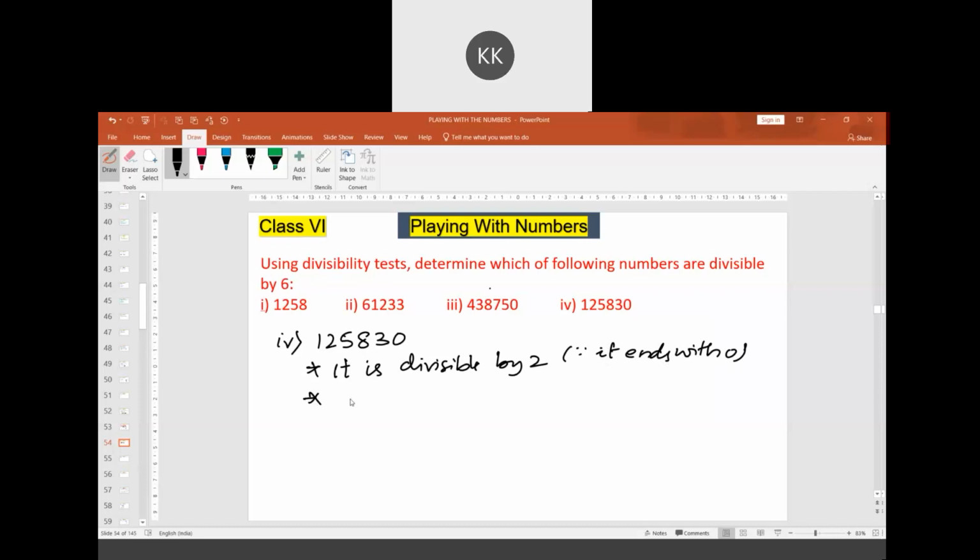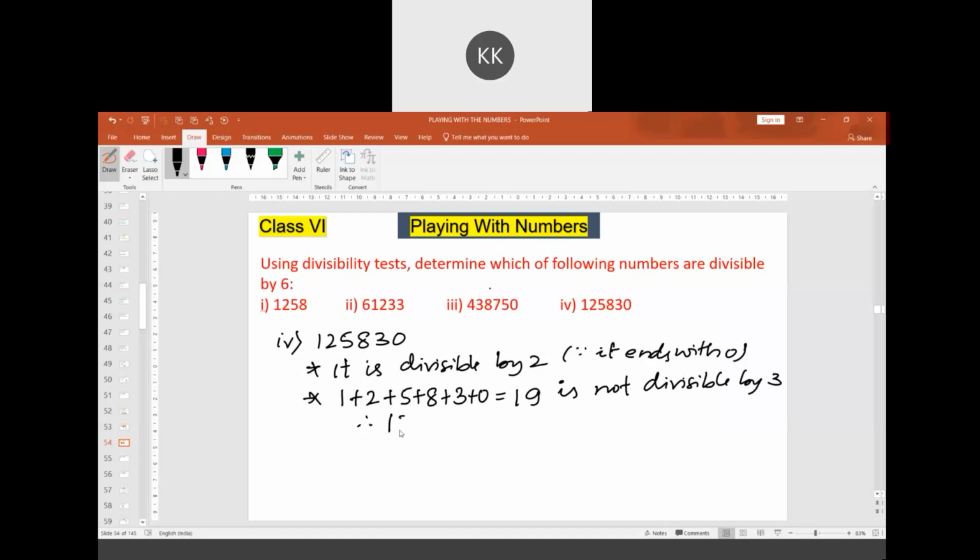Next statement, is it divisible by 3? We need to add the digits. The sum of the digits: 1 plus 2 is 3. 3 plus 5 is 8. 8 plus 8 is 16. 16 plus 3 is 19. This 19 is not divisible by 3.